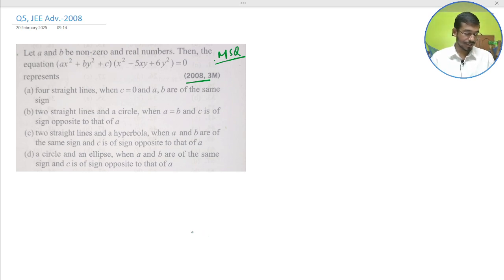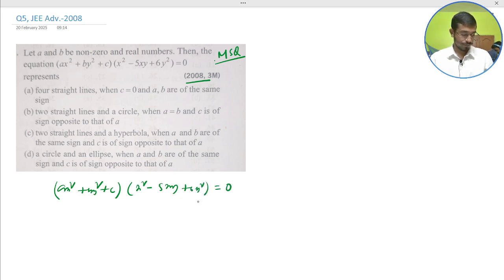Therefore, the given equation, x square plus by square plus c into x square minus 5xy plus 6y square equal to 0, implies either x square minus 5xy plus 6y square is equal to 0.